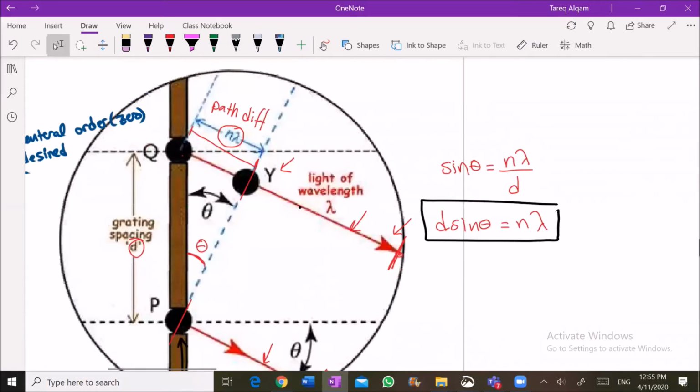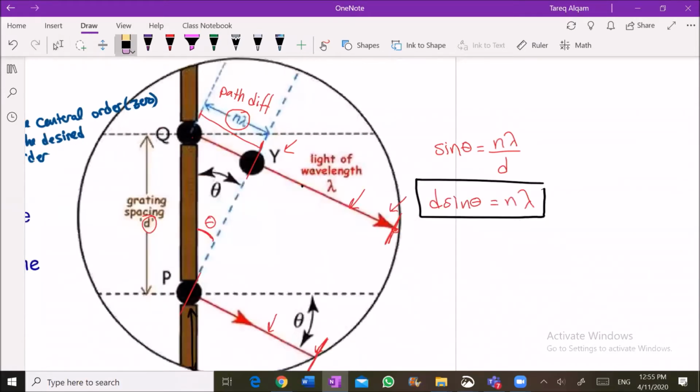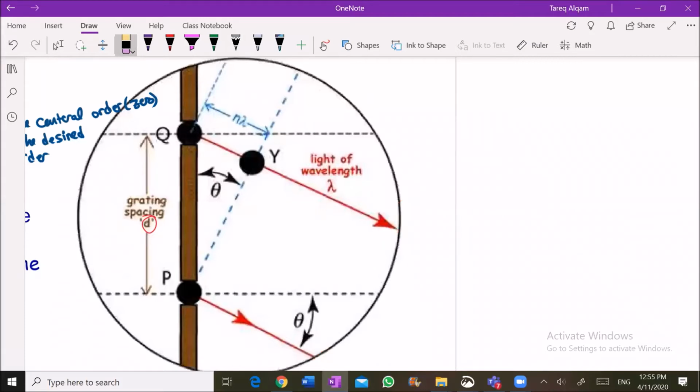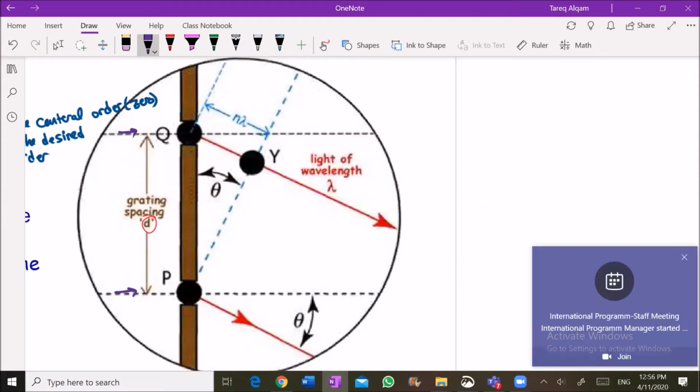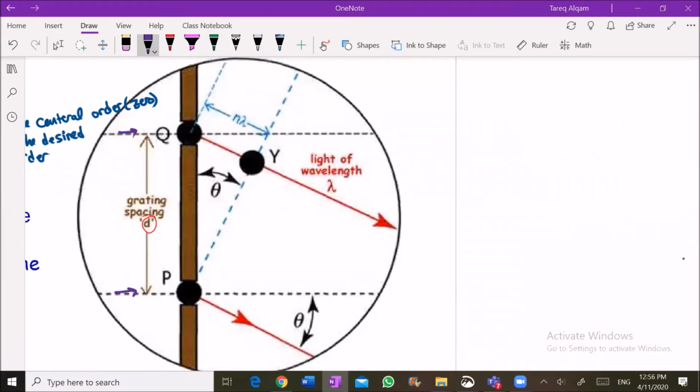Look here, please, guys. As we mentioned before, light from adjacent slits will interfere constructively. Otherwise, these slits will interfere destructively.